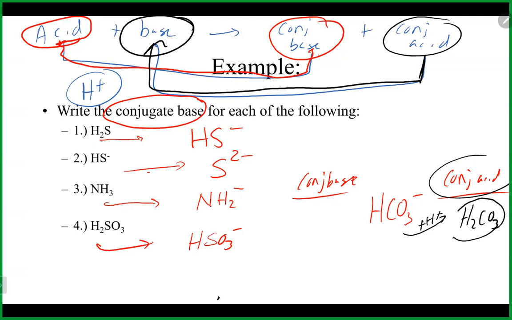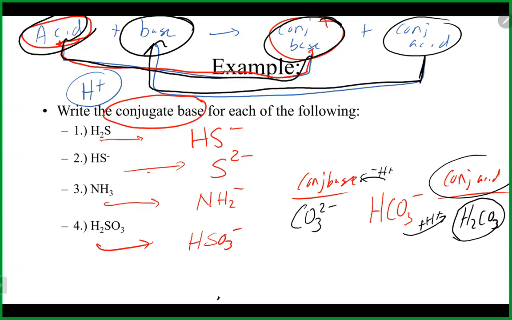It gains the hydrogen, +1 -1 gives you no charge overall, makes a little carbonic acid. And just like we did in these examples here, we're looking for the conjugate base. If we work backwards, in that case it would be an acid, so it's going to lose an H plus as we go that way, which will give us CO3 2 minus. Once again, it becomes one more negative when it loses that hydrogen.